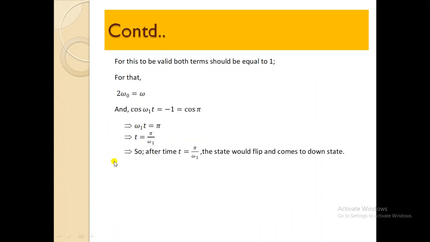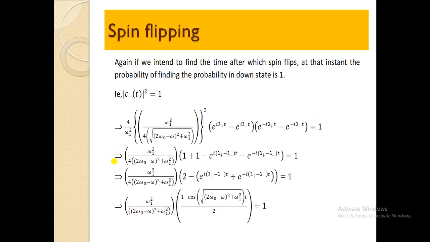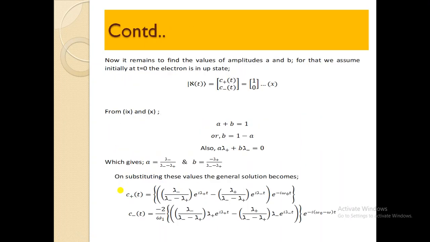Okay, and another here, we have found the value of this also and this also, where both here also have lambda minus lambda plus divided by lambda minus lambda plus, and both of these are real, so we can take them outside.